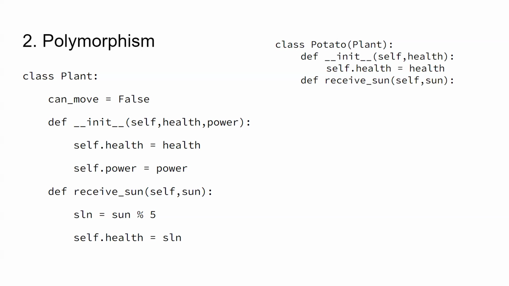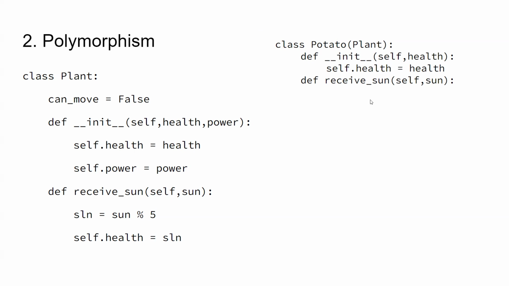If it's 1, you have to attack the zombie twice so that the zombie can die. Otherwise, if your power is 2, you only have to attack the zombie once, so the zombie can die. So yeah, the power. But potatoes do not attack zombies, so in the initial function, it will not have the power.